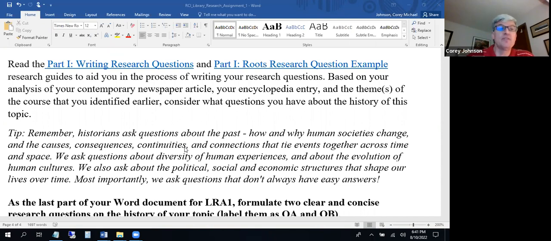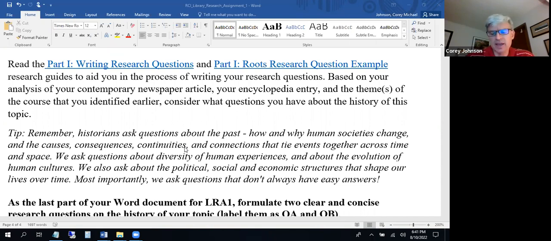So that's one of the very first important parameters for your research question: the questions need to address concerns about the past. Typically, they address things about causes and effects of the past, those kinds of things.